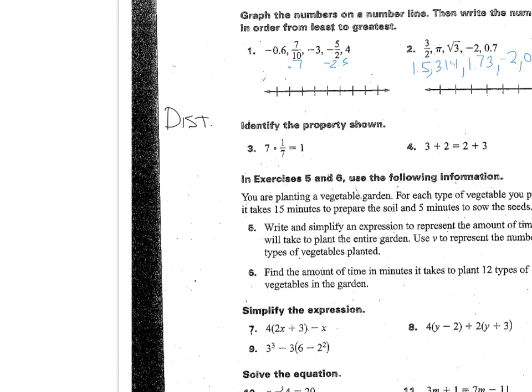Distributive property, inverse property, or you could have your choices the commutative property. And again, I'm just going to abbreviate that. So you got 3 choices for 3 and 4. Okay? Distributive property, inverse property, or commutative property. Okay?